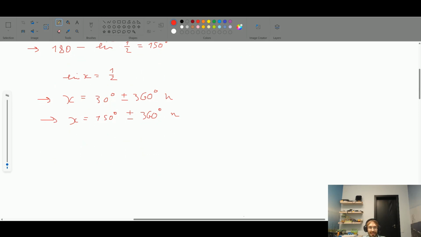Regarding cosine now, cosine is a function which is very similar to sine. So cosine x equals 1/2. It also has the range limited to -1 and 1, so your y, or the result of the function, can be anything from -1 to 1, but not beyond this. And it also has the period of 360 degrees.